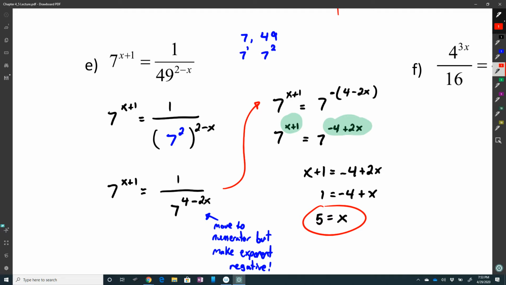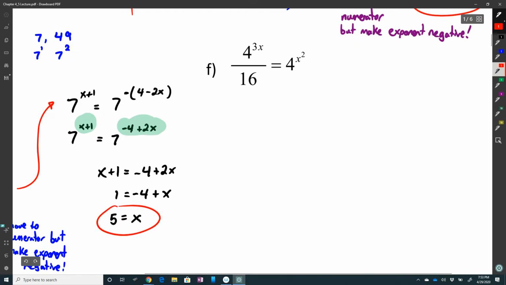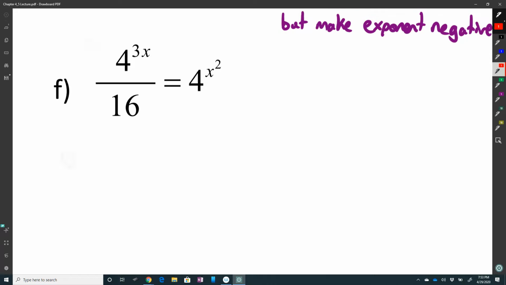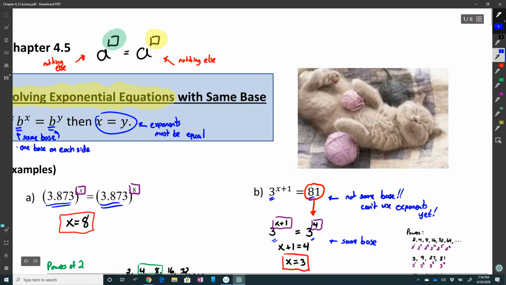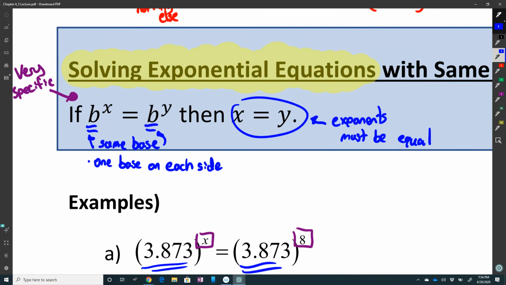So this last one is a little trickier. Notice that you see the same exponent, but we can't use the rule because of this 16. Remember, when we went way up here, it has to be very specific.